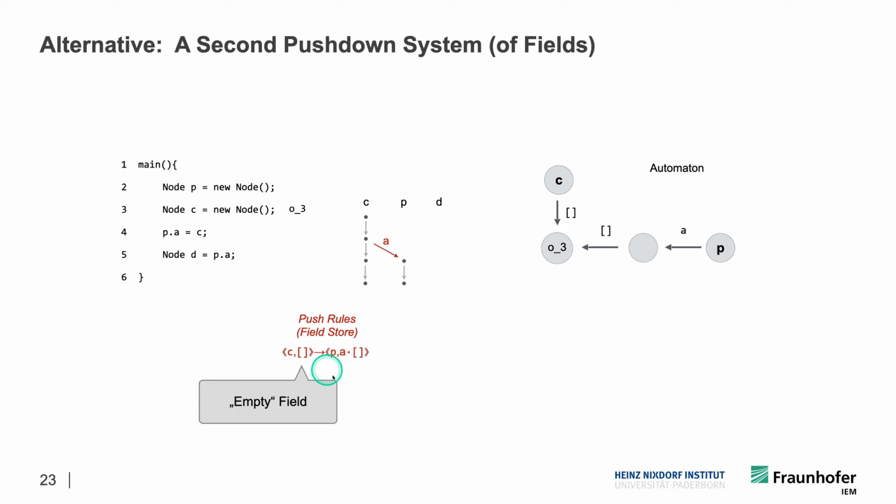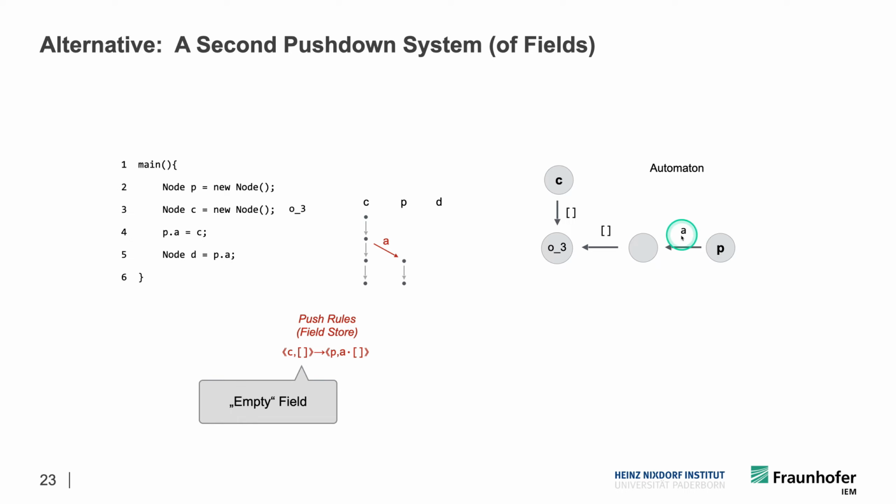And you have seen push rules before. This is similar to what we have seen before, except that here we are now pushing not call frames, but fields. So this is saying p.a is now pointing to whatever C was pointing to earlier, okay? Other than that, the push rule is simply as we have seen before.